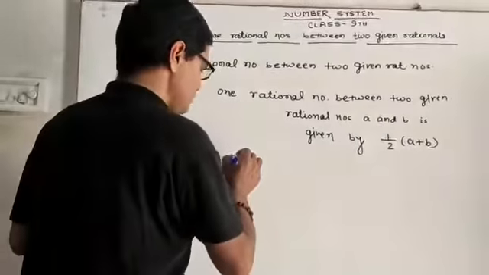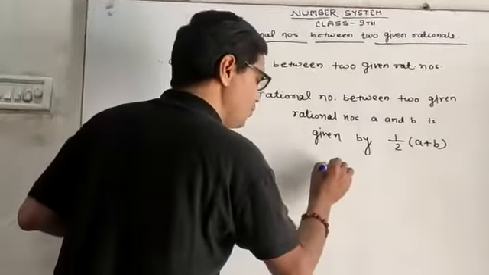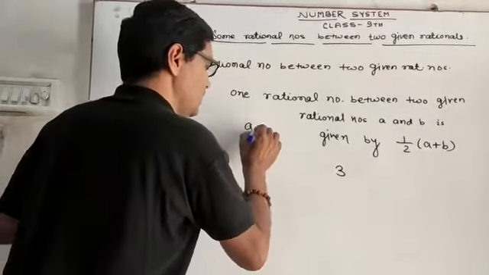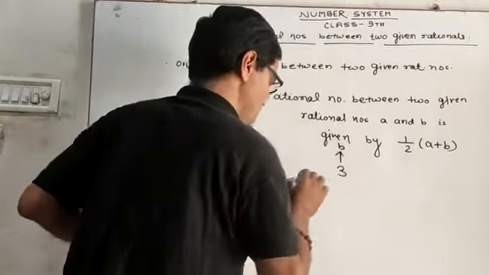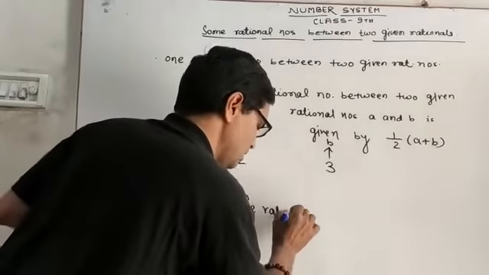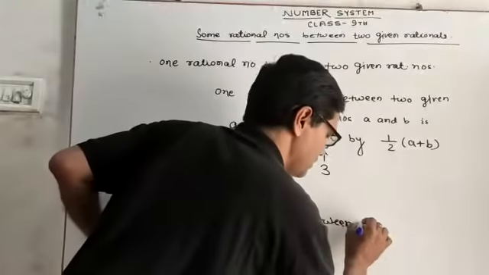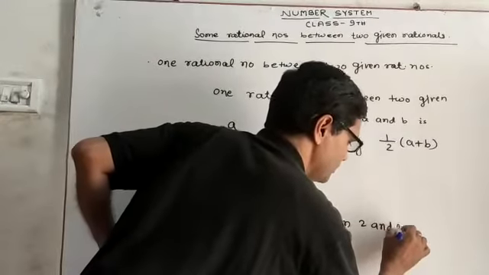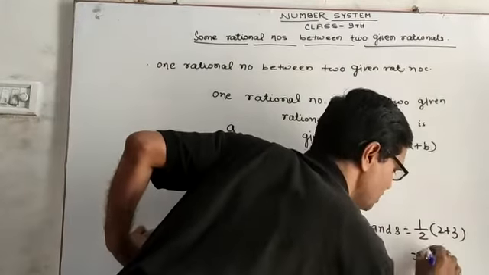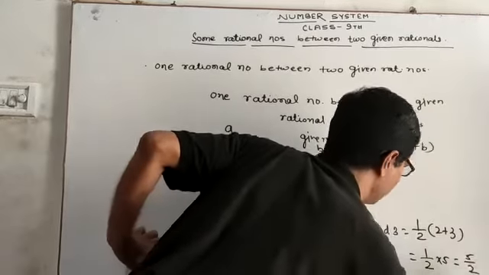Suppose that we wanted to find a rational number between 2 and 3. This is your a, this is your b. The rational number between 2 and 3 is equal to 1 by 2 (2 plus 3), that means 1 by 2 multiplied by 5, that means 5 by 2.